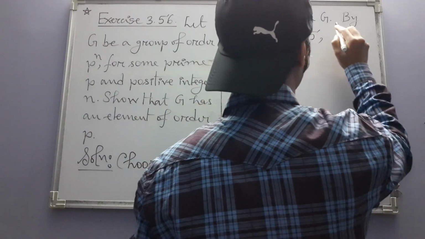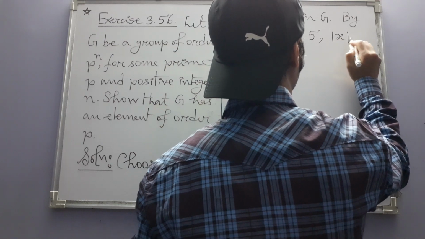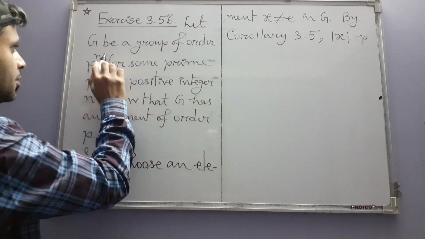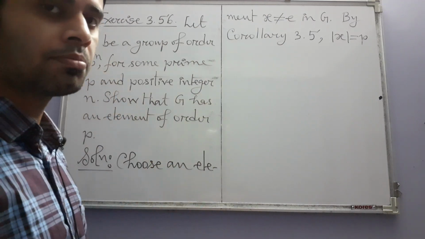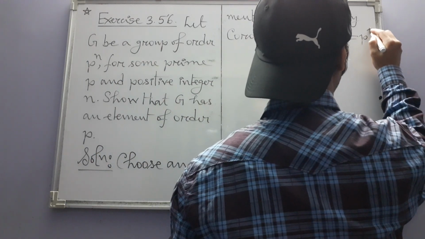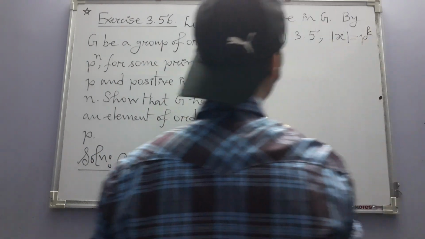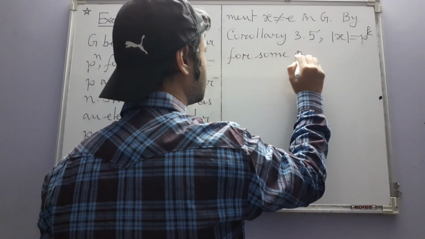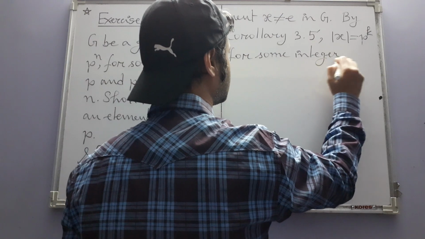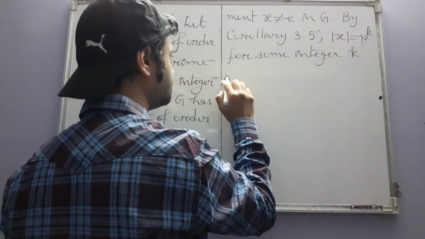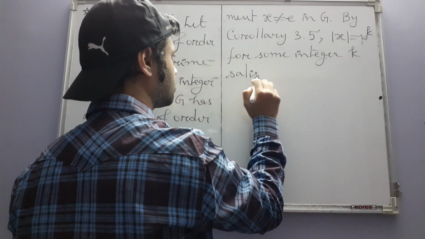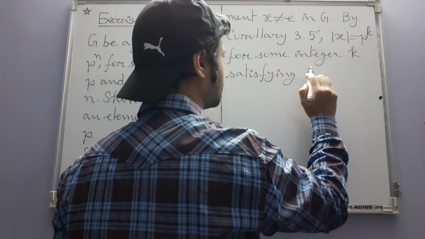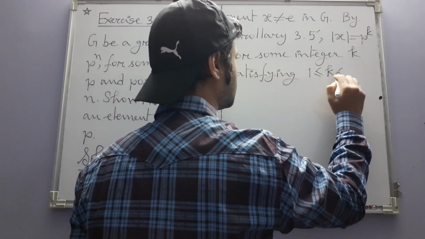So by this corollary, the order of x is of this form, and since it needs to be a divisor of p to the power n, it should itself be a power of p, say p to the power k, for some integer k satisfying this.